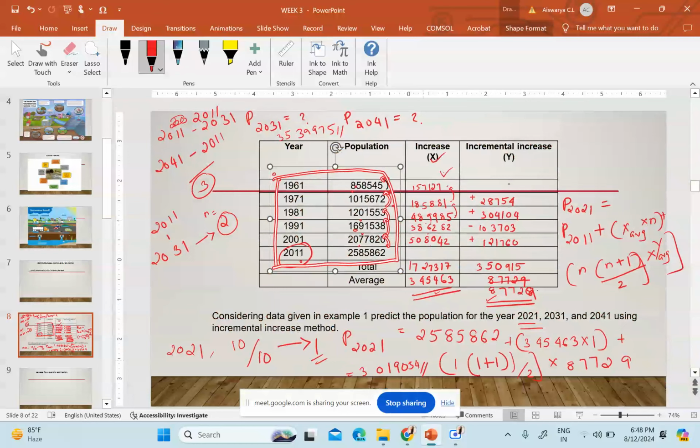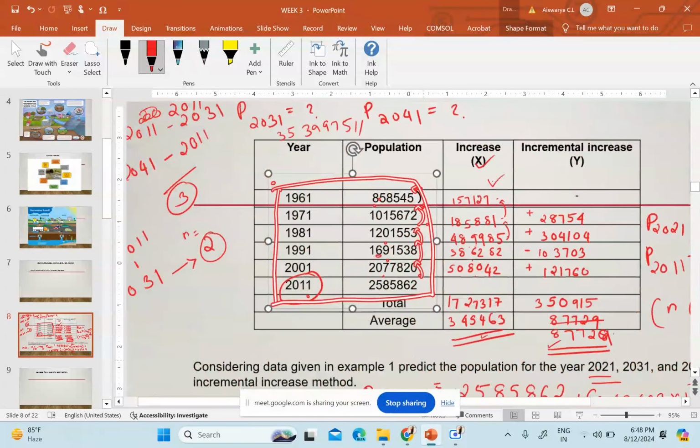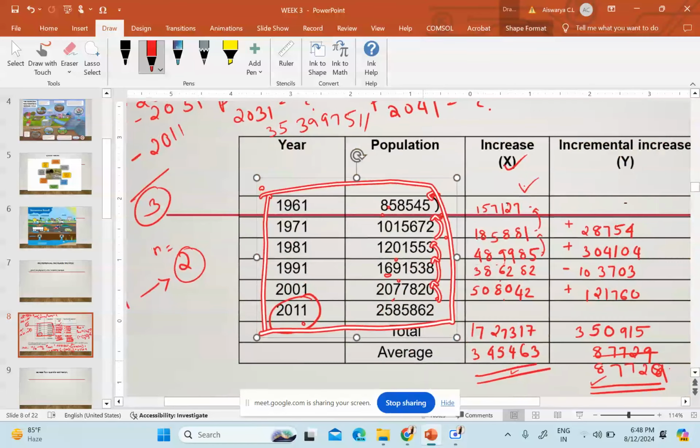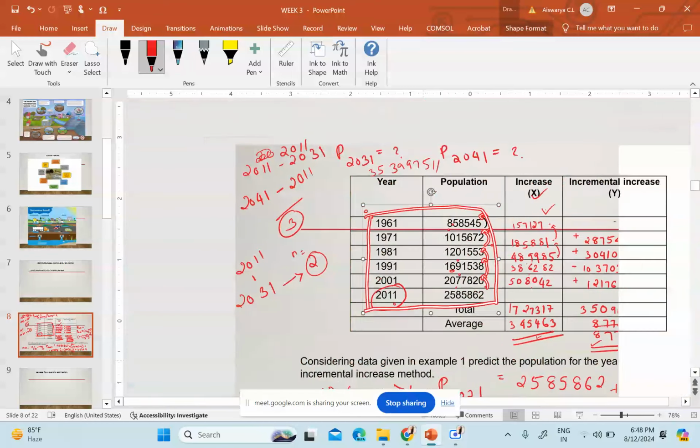Anyone remember? Okay, fine. I will again inquire about that book also. I am teaching from the booklet only, and I will inquire about that.